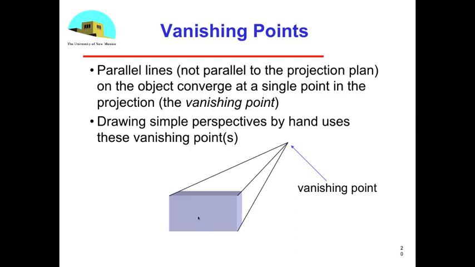What that means in terms of where the projection plane is: in a 1-point perspective, the projection plane is parallel to a principal face. In a 2-point projection, the projection plane is parallel to one direction, like say this corner over here, and if there's no relationship, you get a 3-point projection.